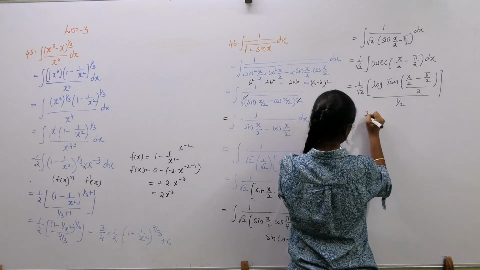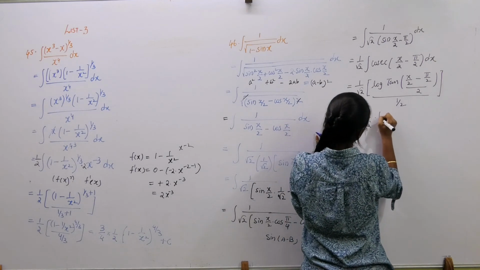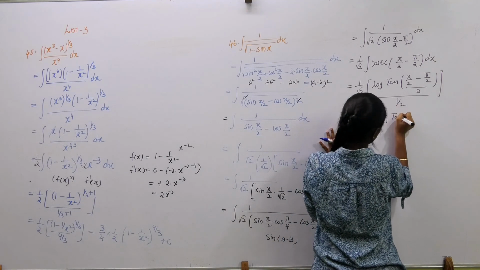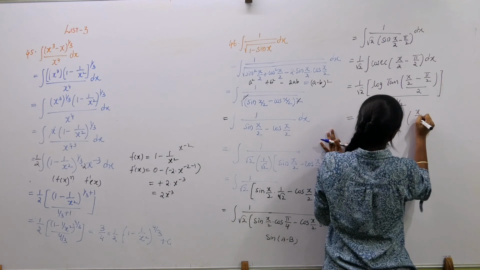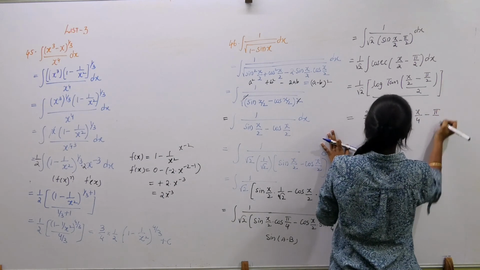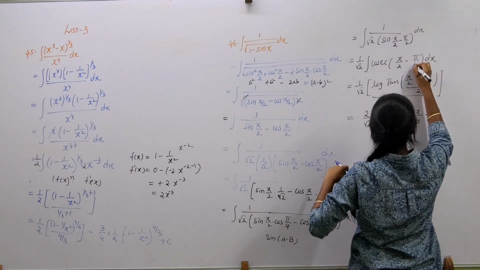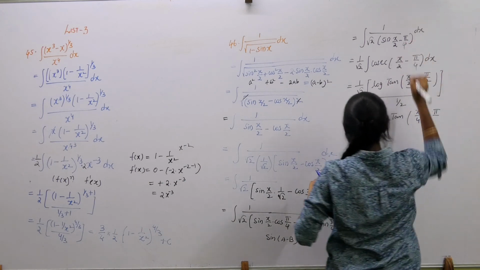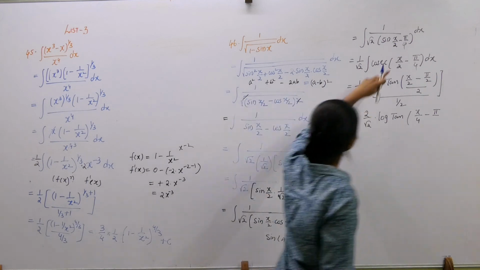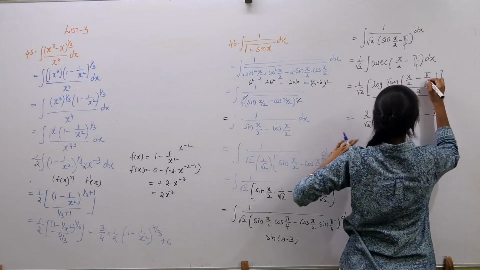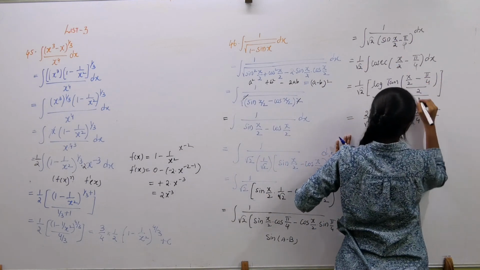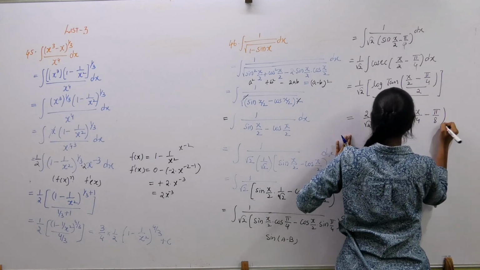It is equals to 2 by root 2 into log of tan x by 4 minus pi by 4, here we have pi by 4, pi by 4. Then it becomes pi by 8 here.